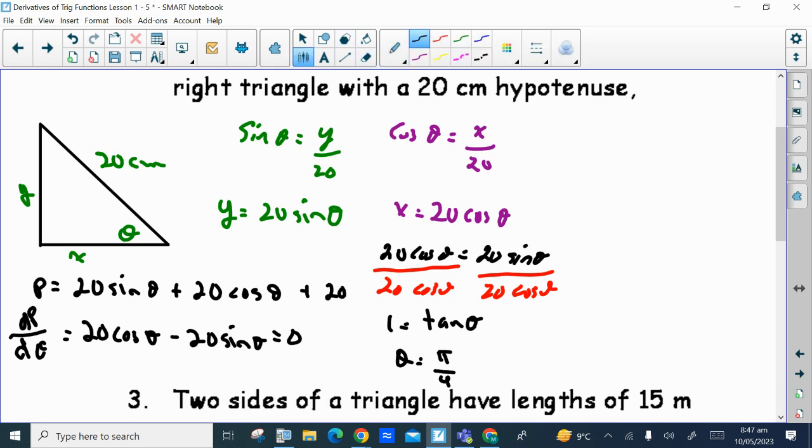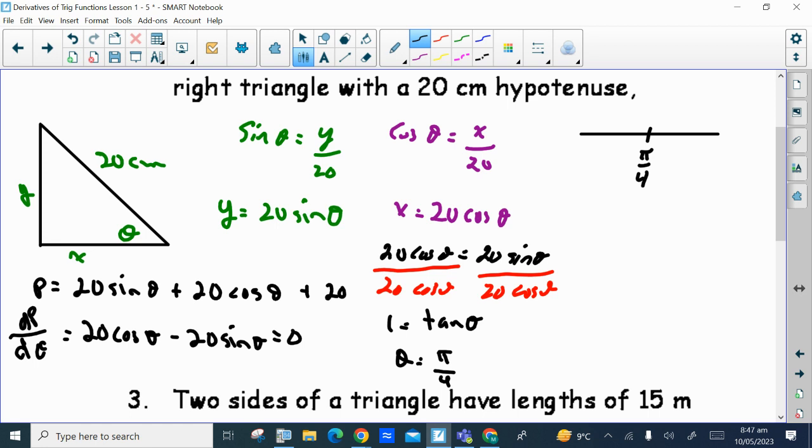Like we've done before, we can confirm that by drawing a number line here. Put our critical number of pi on 4 in there and find the value of the derivative in each interval.